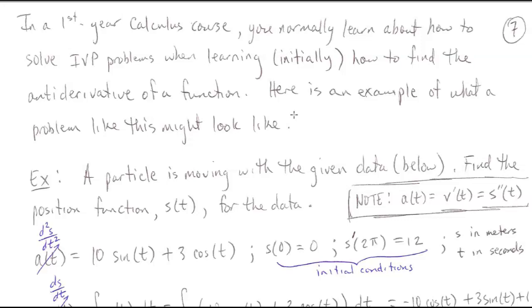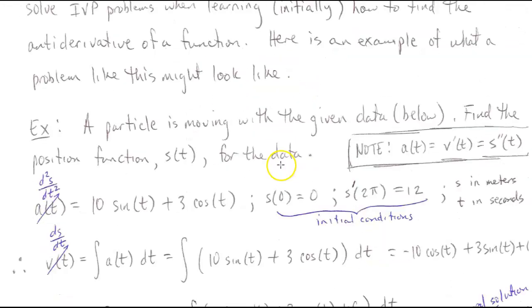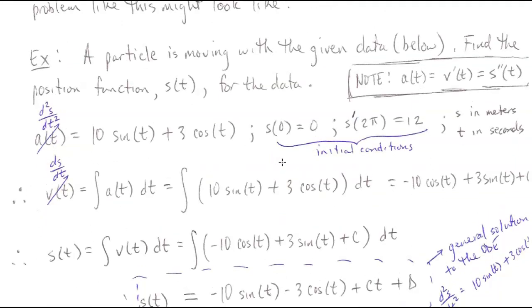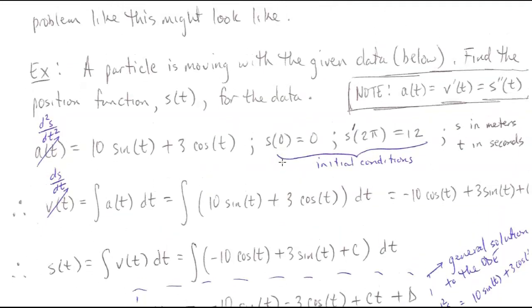So in your first year calculus courses, when you learn about antiderivatives, you naturally go into doing problems where you have, say, a particle, like the one I'm going to do for you here, and we know something about the acceleration of the particle, and we want to get back to what the position function would be based upon the acceleration, okay? I'll show you this example quickly so that you can get an idea of what this looked like back in your first year calculus course.